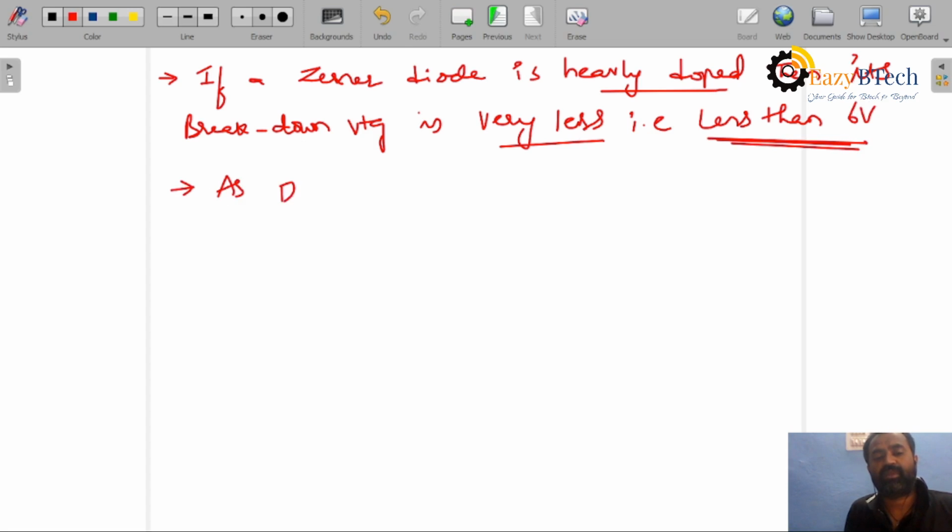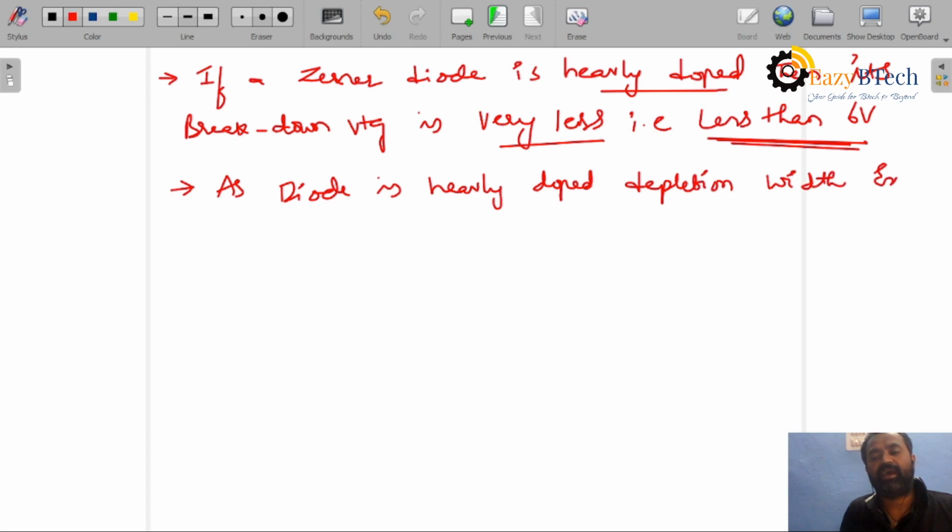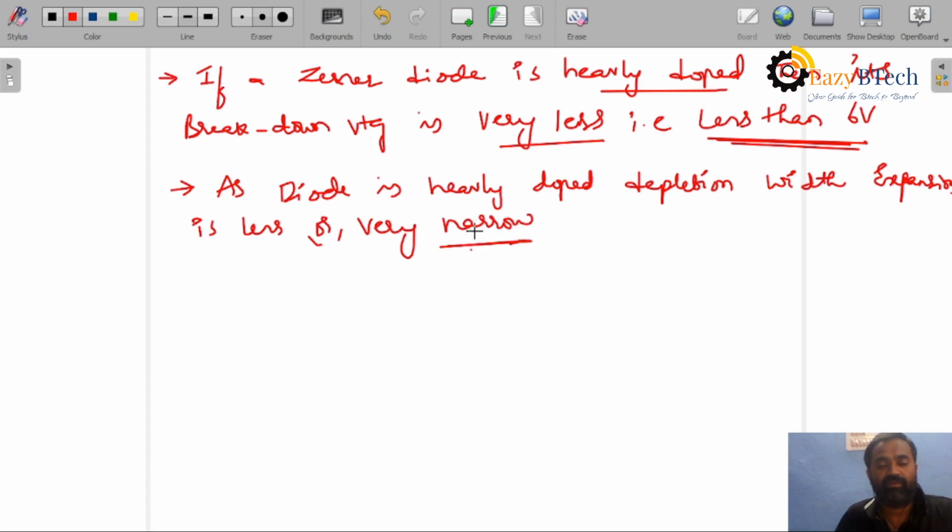As the diode is heavily doped, the depletion width expansion is less or very narrow. Already we have seen this concept from the PN junction diode.